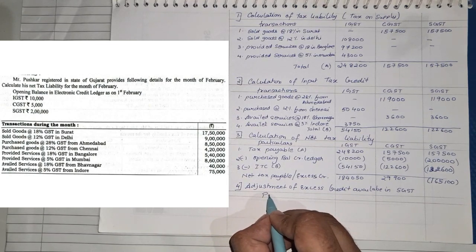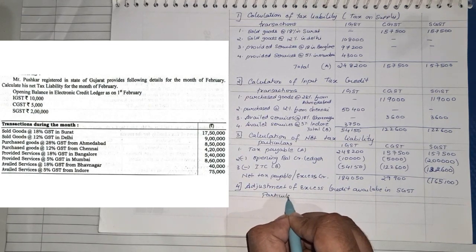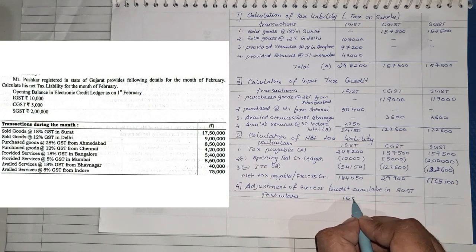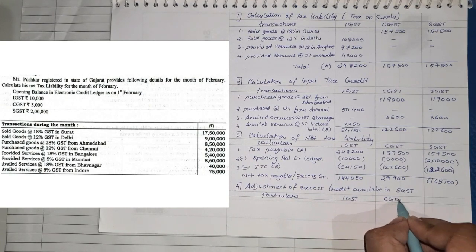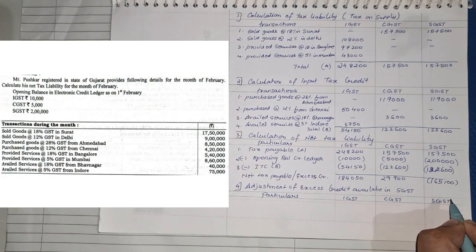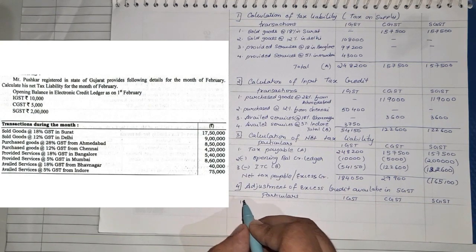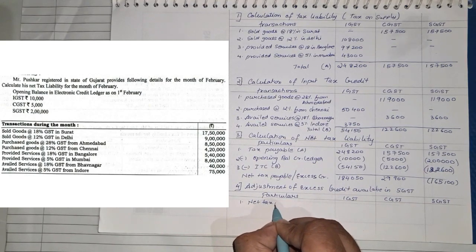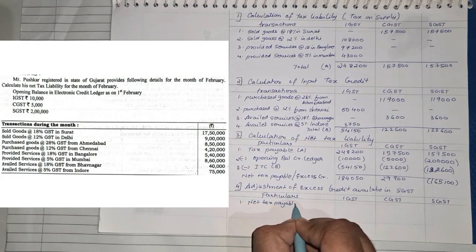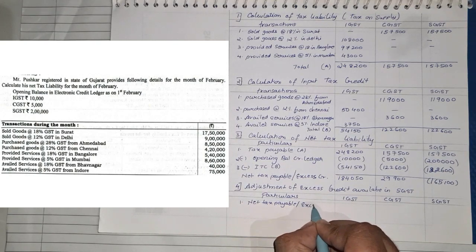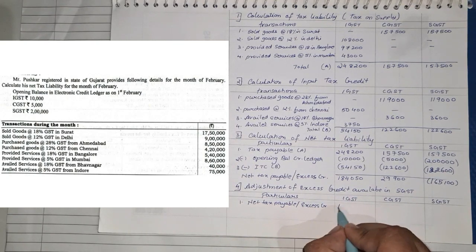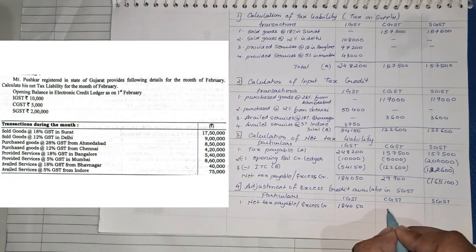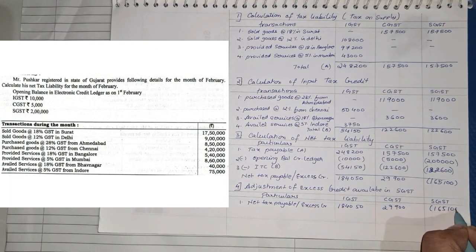Again we'll have particulars: IGST, CGST and SGST. Step number 1 will be the answer that we have found, so net tax payable or excess credit. We'll just note down the final answer from the last step. Okay, we had 1,65,100 as negative.